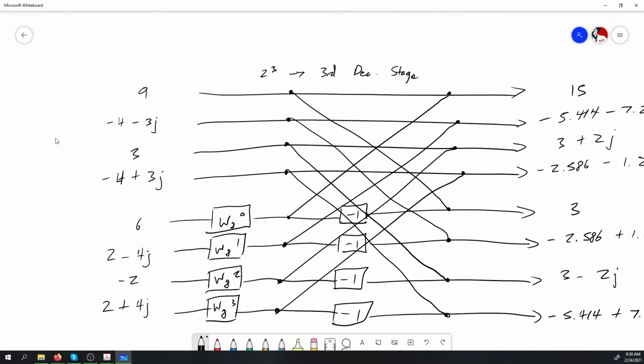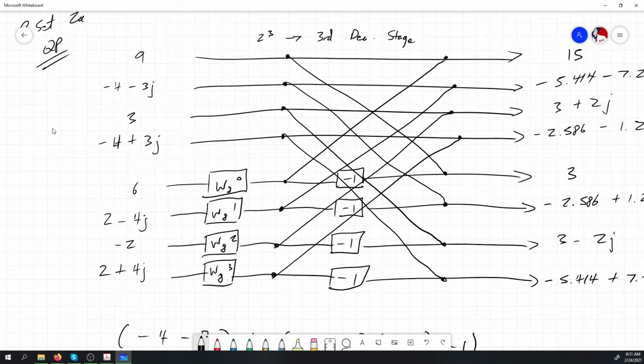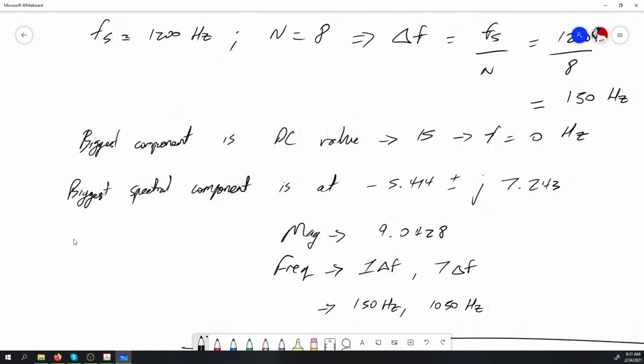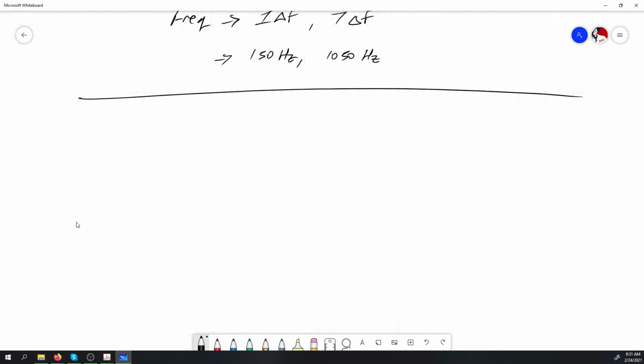This would have been question 8, and this one here would be 9.